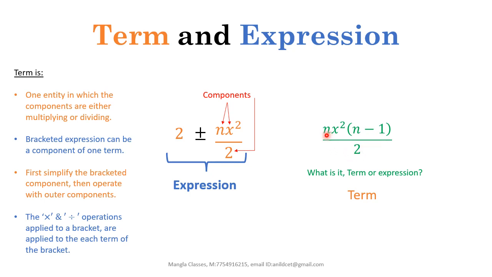Here n into x square is being multiplied with the bracketed term n minus 1. So what it means is that nx square will be multiplied with each term inside the bracket. So if you multiply this nx square with n minus 1, then the final value will be nx square into n minus nx square into 1.